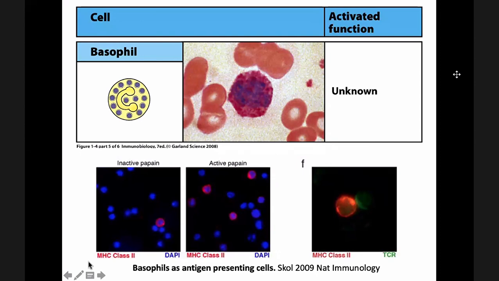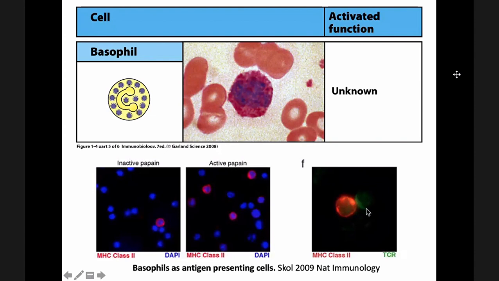Now, then they showed that if you engage these APCs, rather these basophils, with specific TCR expressing cells, for example, papain specific T cells, these basophils were able to form an immunological synapse with T cells, as you can clearly see.